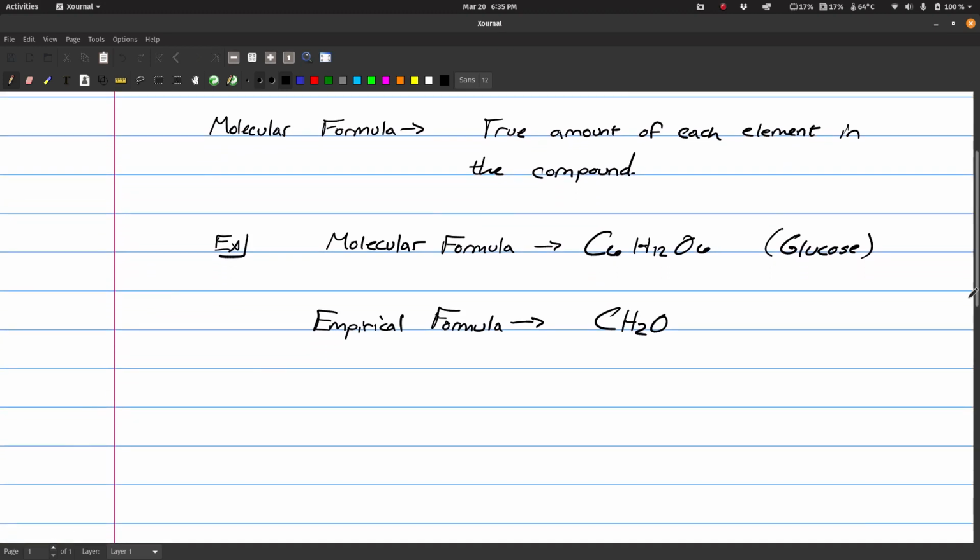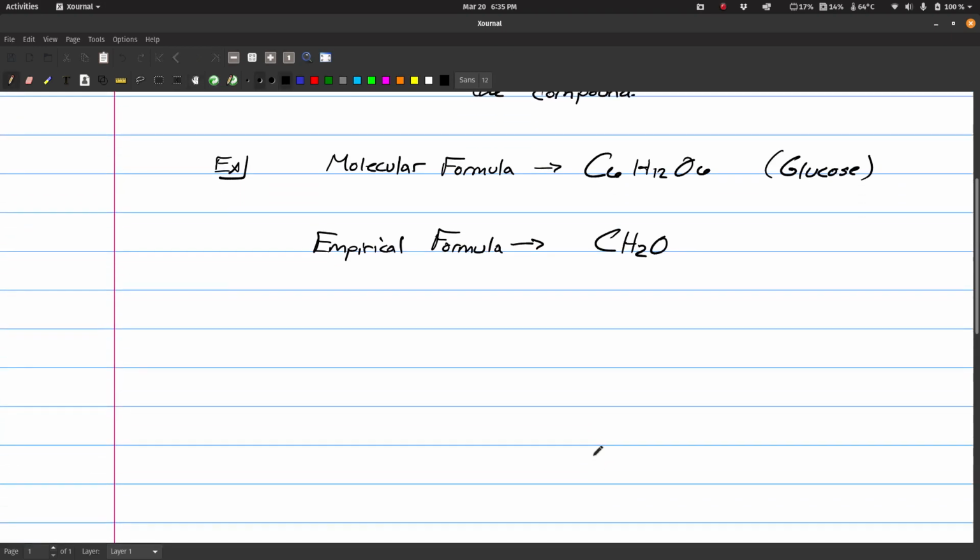Alright, so to convert between empirical and molecular, we're going to need the approximate molecular weight and the empirical formula. Usually when you're solving a problem like this, you're going to be given the molecular mass and either percentages or mass of a sample or something to where you can figure that stuff out.